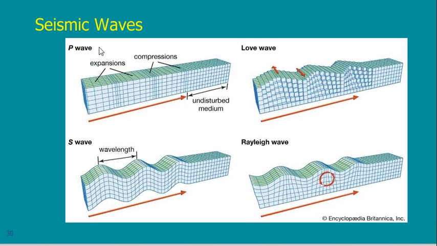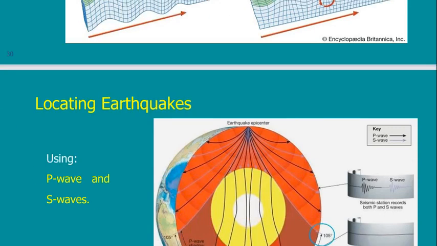We said that we have 4 types of waves: P wave, S wave, these are categories of waves, and L wave and R wave. Each one has its own shape and method of propagation.